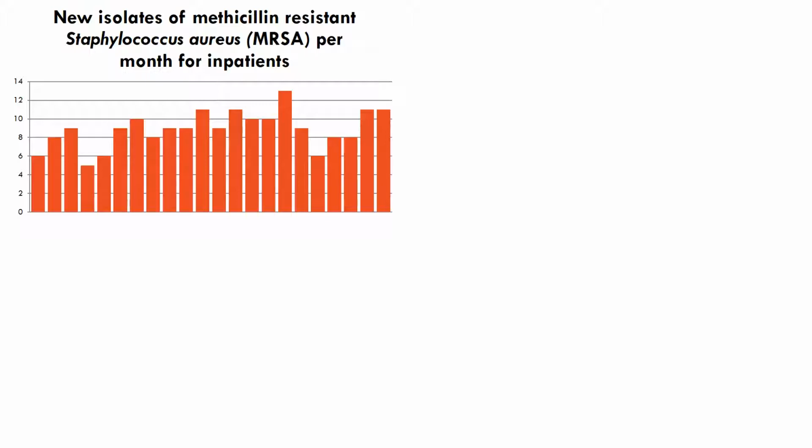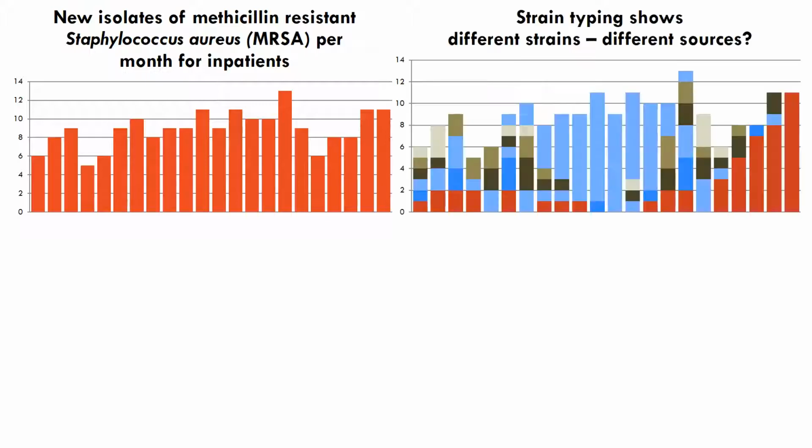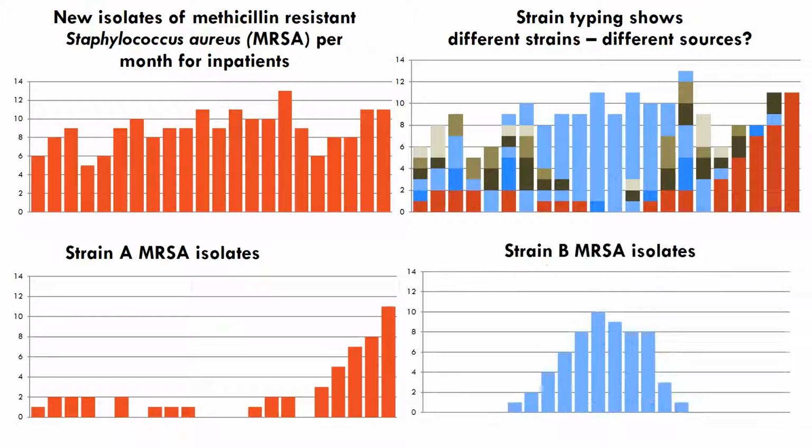Strain typing of isolates from this hypothetical study in fact shows that there are several different strains shown in different colours. If we separate the main strains out into two separate graphs, we see that there are separate outbreaks, each of which is likely to have a different source and in much more manageable numbers for investigation.